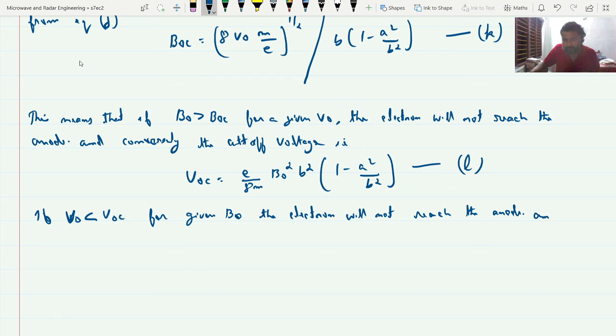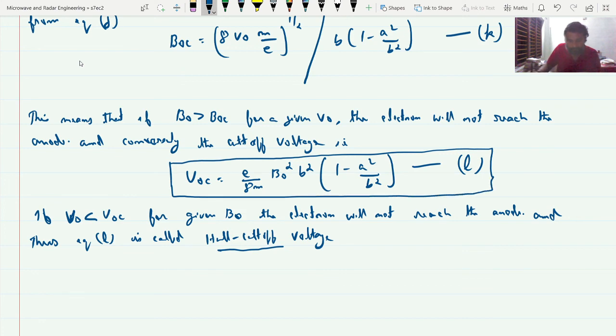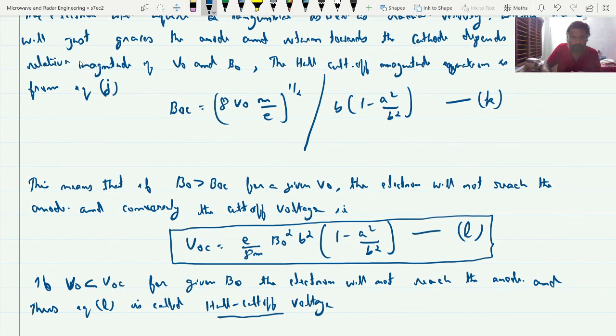And thus, equation L is called Hull cutoff voltage. Okay, underline the roots. It's very important. Equation L, and this equation also. Equation K and L are very important. Keep in mind.